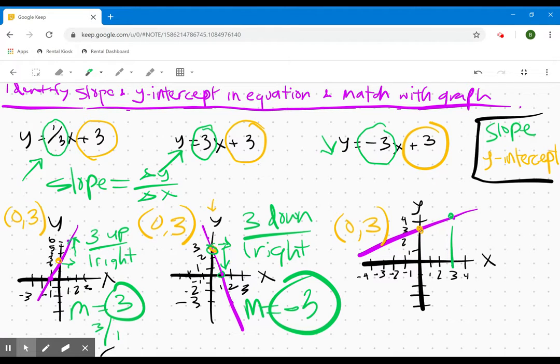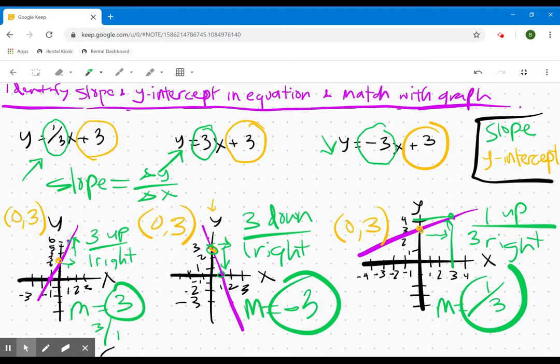Okay, so if we look at our graph, here we're going right 3 units. 3 units right. And for every 3 units we're going right, we're going up 1 unit. So in this case, our slope is going to be a fraction. So it'll be 1/3.